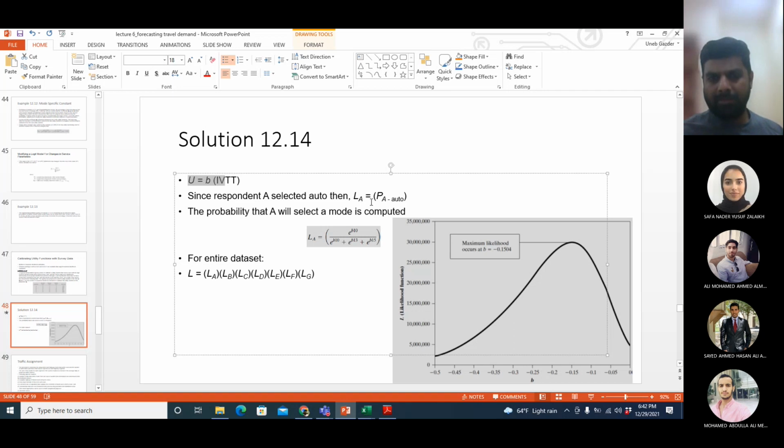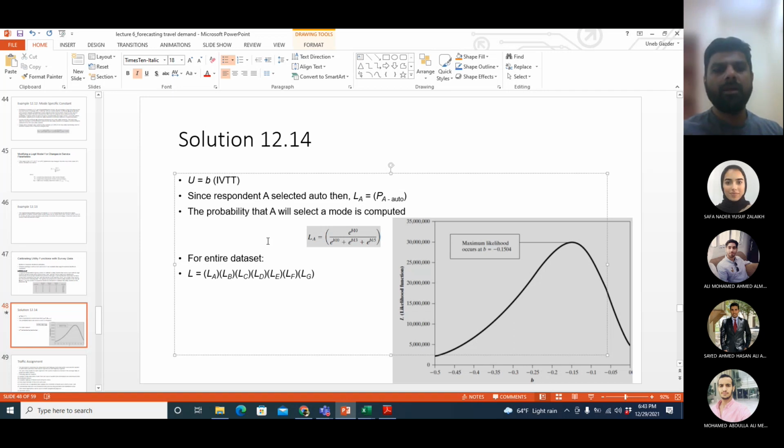Maximum likelihood is defined as the probability of the mode which he has actually chosen. Respondent A chose the auto mode, so the maximum likelihood for respondent A is the probability of choosing auto, whatever the probability is. We cannot calculate the probability yet because we don't know the value of B yet.